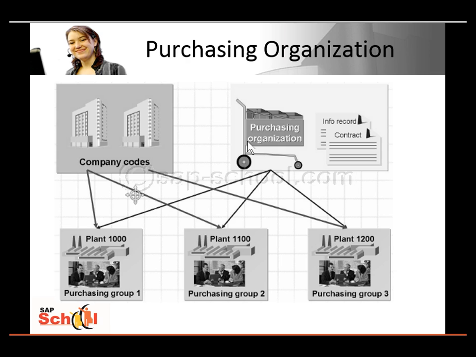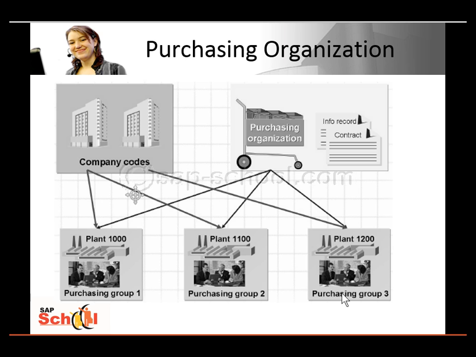Therefore, as a rule, the central purchasing department or purchasing organization of a corporate group is not assigned to a company code. In the standard system, all the conditions that exist in the system are entered with reference to a purchasing organization. The purchasing group, as shown here, is internally responsible for the procurement of a material or a class of materials, and externally it usually supplies the contact person for vendors.